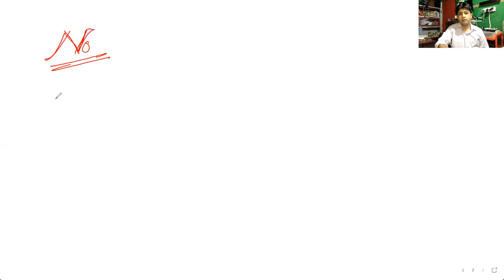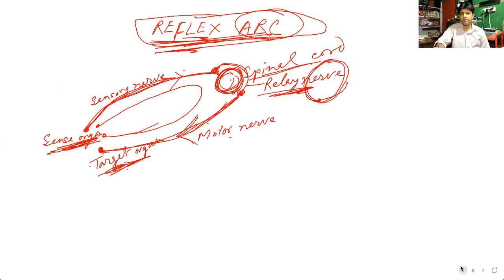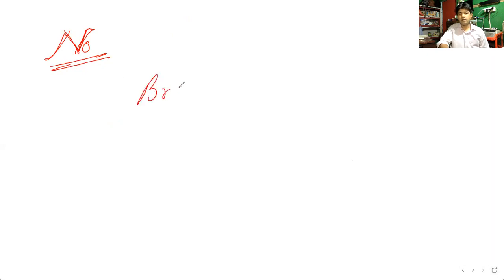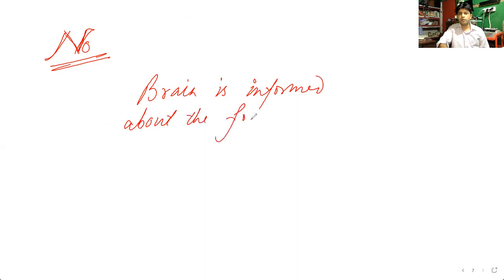But what happens during this reflex action, as one reflex arc is produced? About the reflex arc, the brain knows. The brain is informed about the formation of the reflex arc.